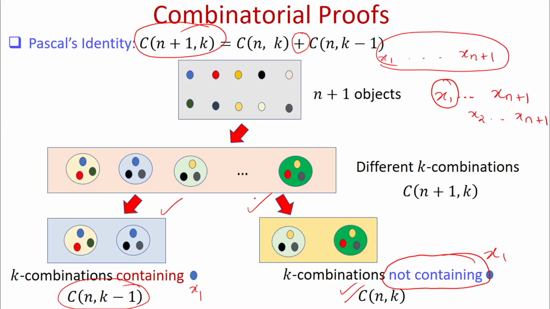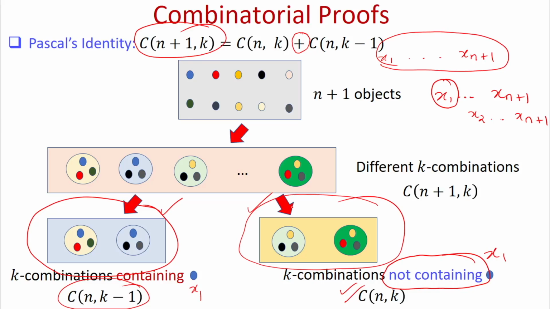And these two categories are disjoint. There is no k combination where x1 is present as well as absent. So if I sum the number of k combinations in category 1 and in category 2, that will give me the total number of k combinations for a set consisting of n plus 1 objects. And that's precisely your right-hand side.